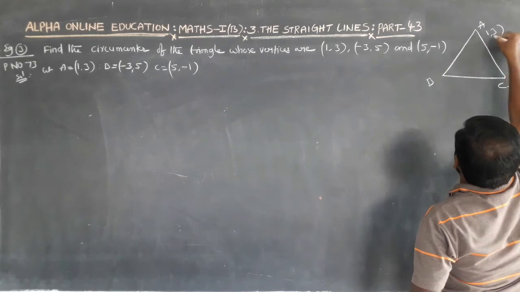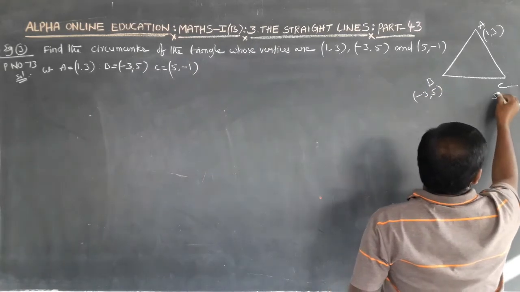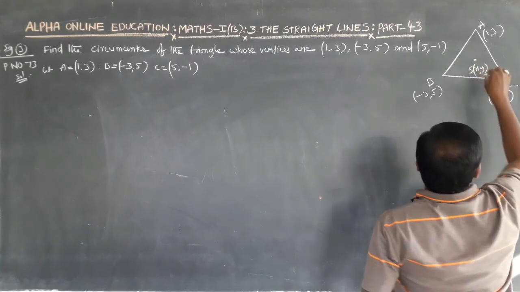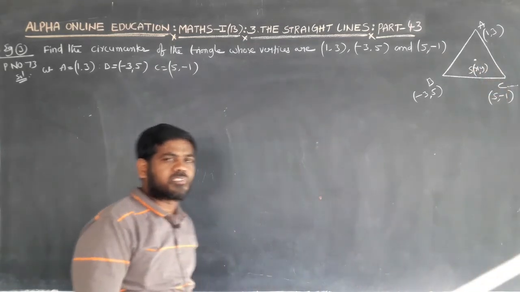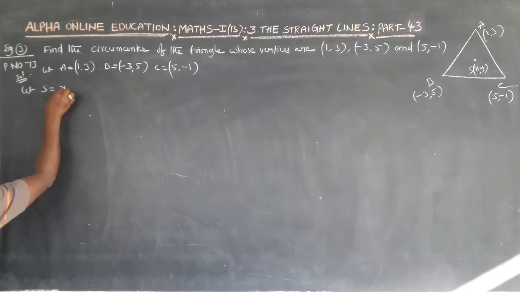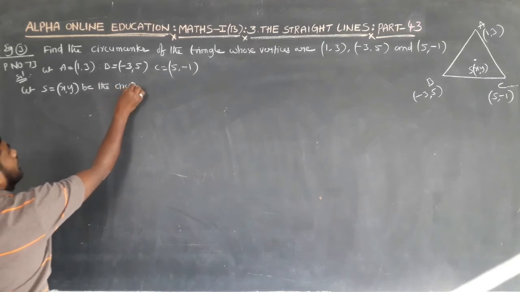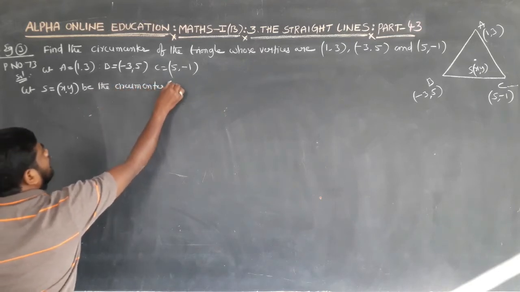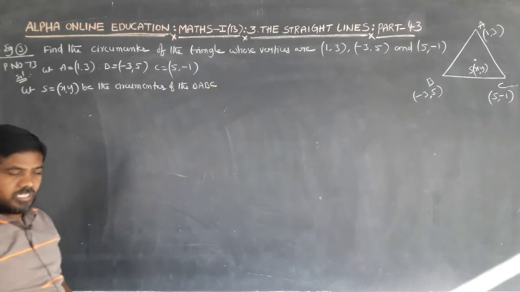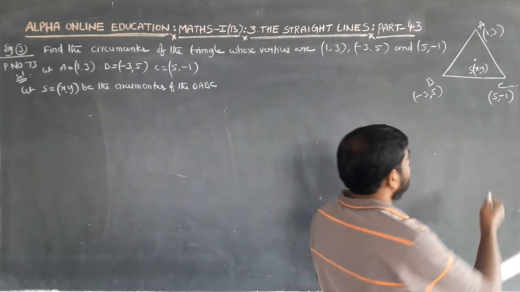Let S(x, y) be the circumcenter of the triangle ABC.